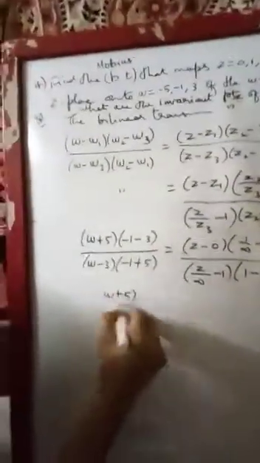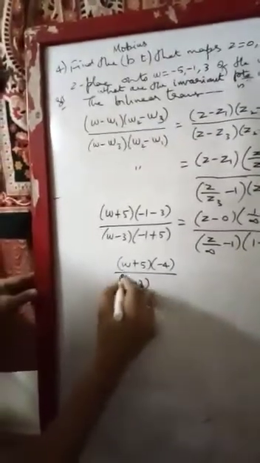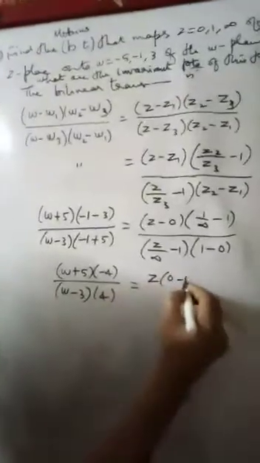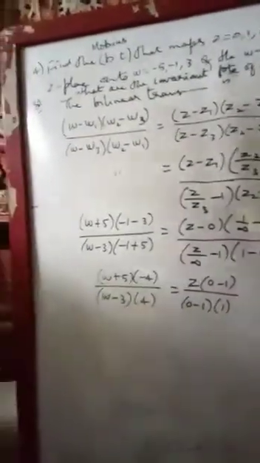So omega plus 5 into minus 4 by omega minus 3 into plus 4 equals z into 0 minus 1 by 0 minus 1 into 1.